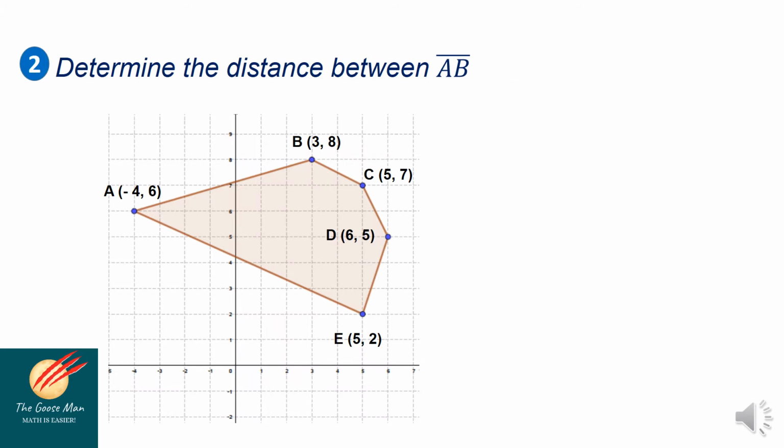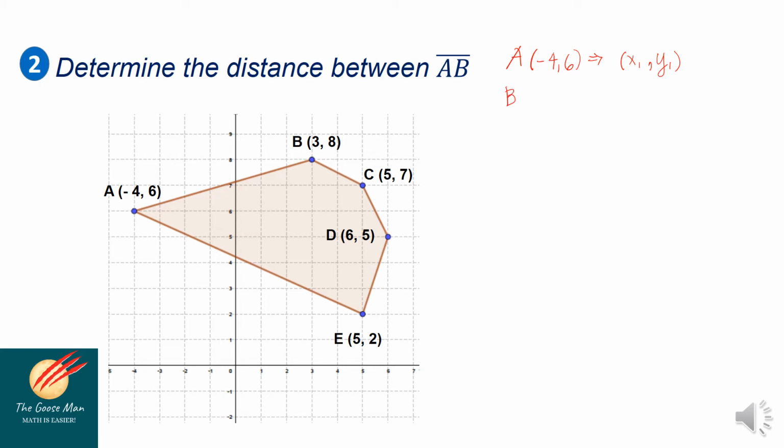Let's have another example using the distance formula. Determine the distance between the points A and B. Again, we will determine the coordinates of points A and B. A has the coordinates negative 4, 6. This is our x sub 1, y sub 1. So x sub 1 is equal to negative 4, y sub 1 is equal to 6.